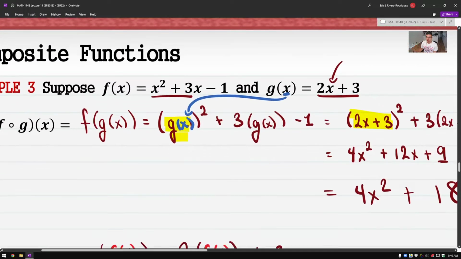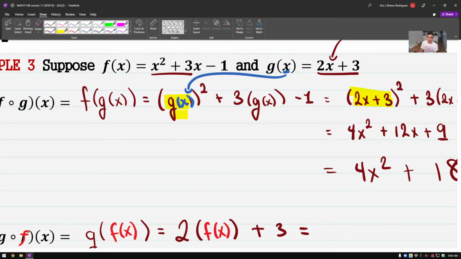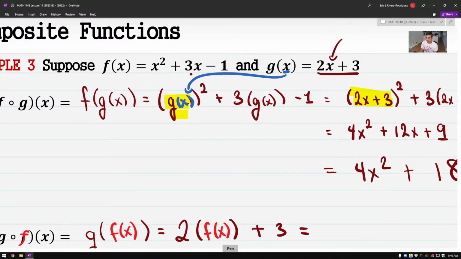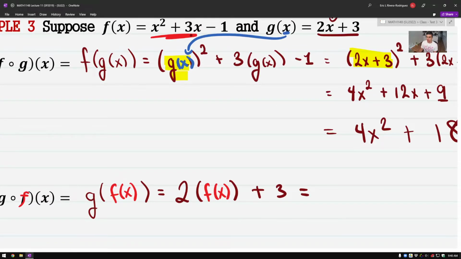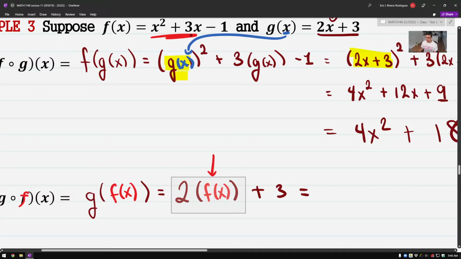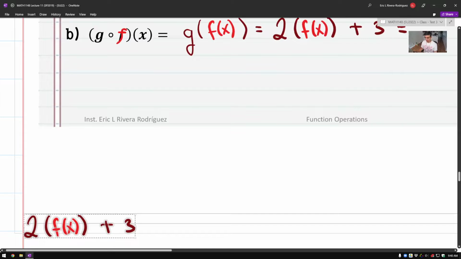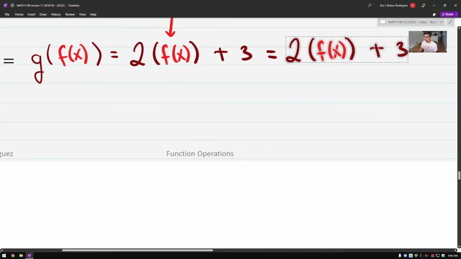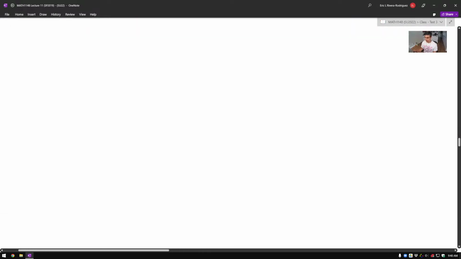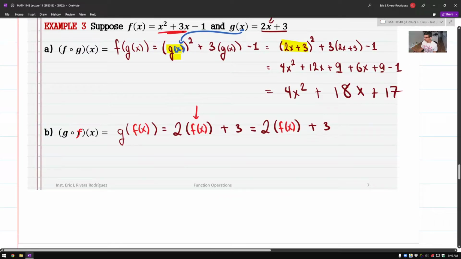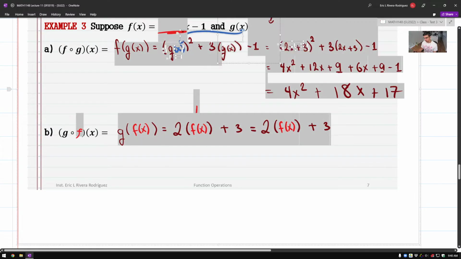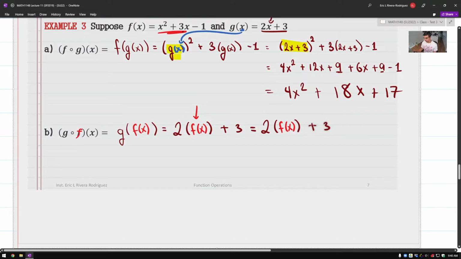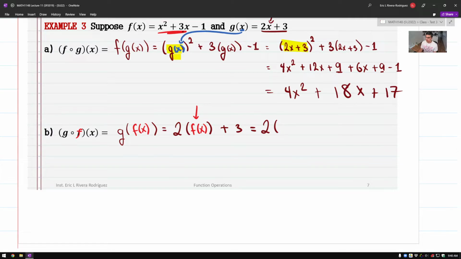Okay, now the definition of f of x is here. So now what I'm going to do is replace f of x with its definition. So I can just copy and paste this. But instead, let me set this up. Okay.